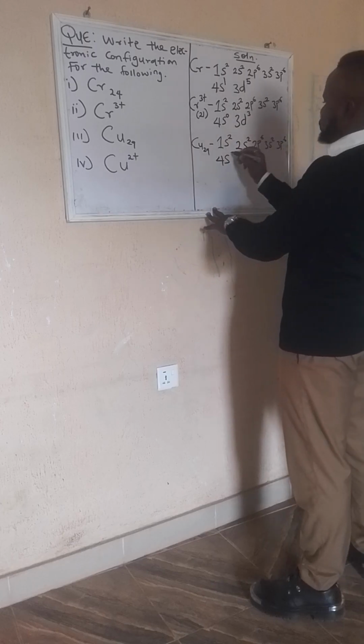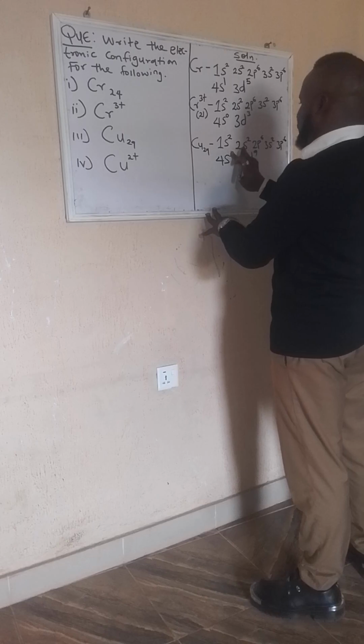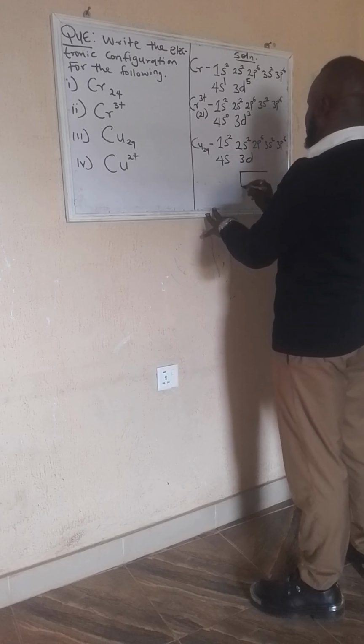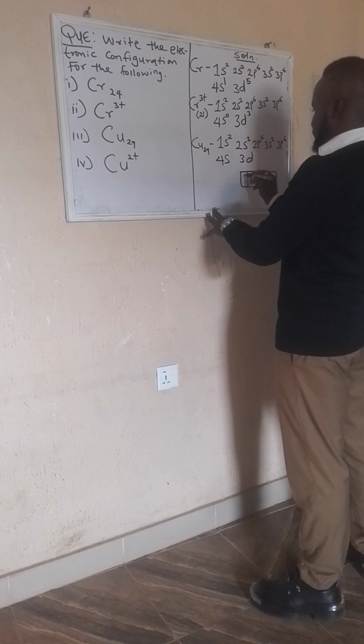Now, many will jump to say 4s2, 3d9. No, that's not the correct way of writing it. The same approach that happened to chromium is very similar to what happened to copper here. Now, the 9 electrons here will be at this 1, 2, 3, 4, 5, 6, 7, 8, 9.